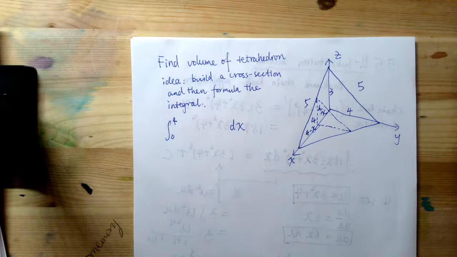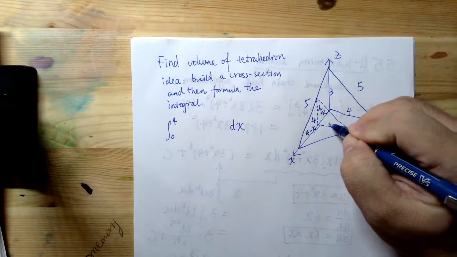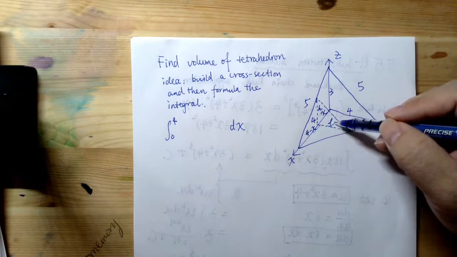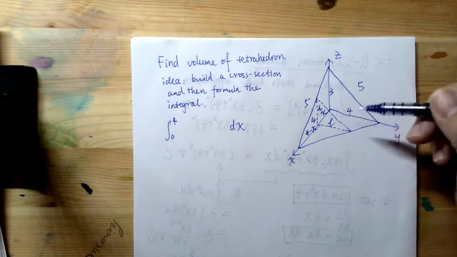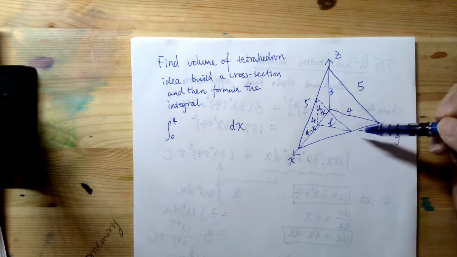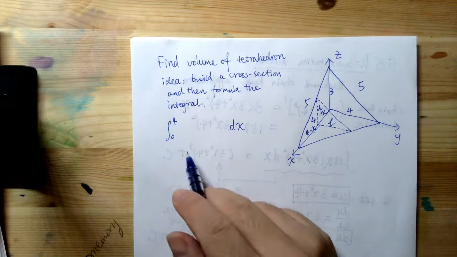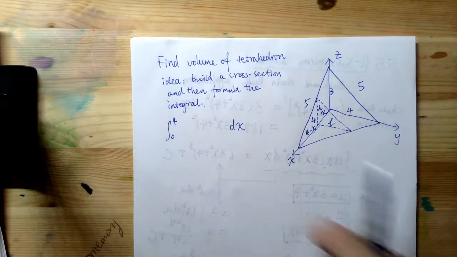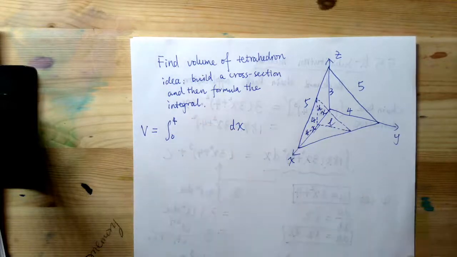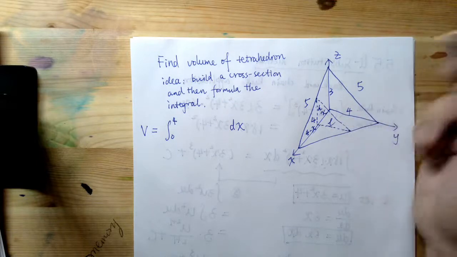Similarly, if I denote the length for this part as L, we also want to find an expression for L in terms of x, such that I can construct the area of this cross section in terms of x, and then I can put it into this integral here. Okay, so that can be the volume. So how do I find h in terms of x and L in terms of x?